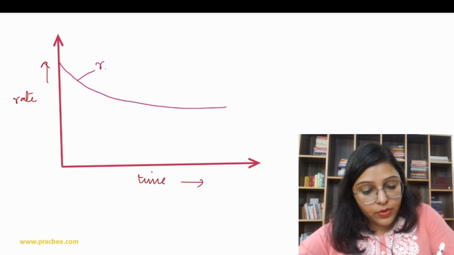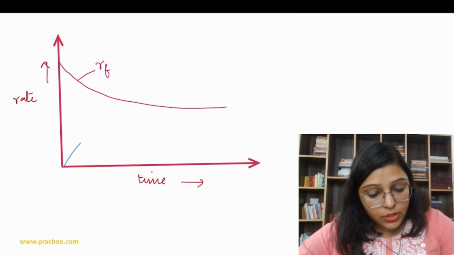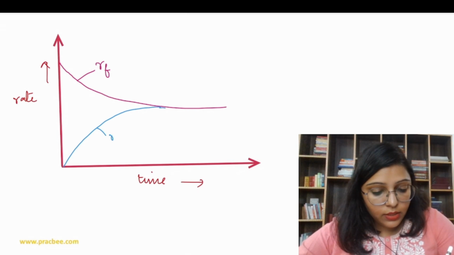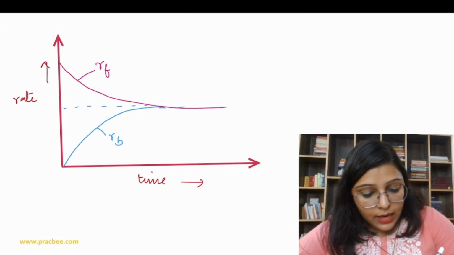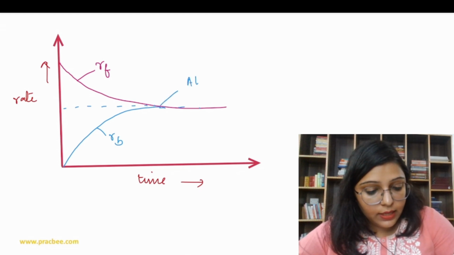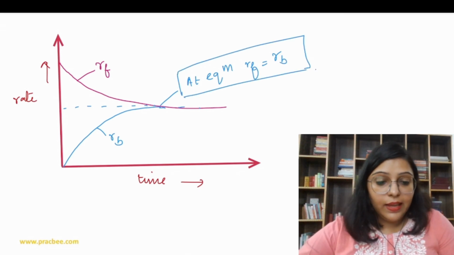This is the rate of forward reaction. It decreases with time, and rate of backward reaction, it increases with time, right? And at equilibrium, rate of forward reaction is equal to rate of backward reaction.